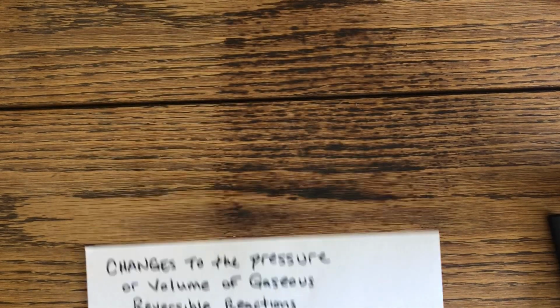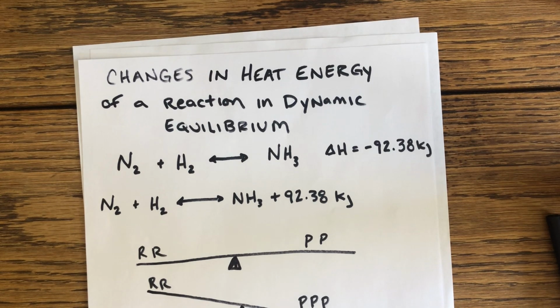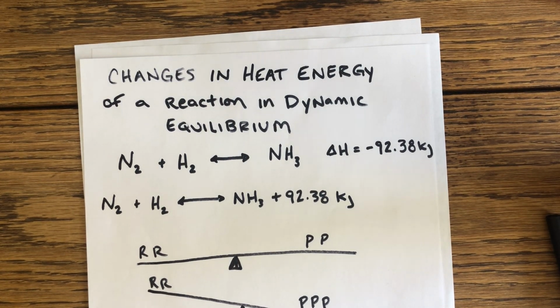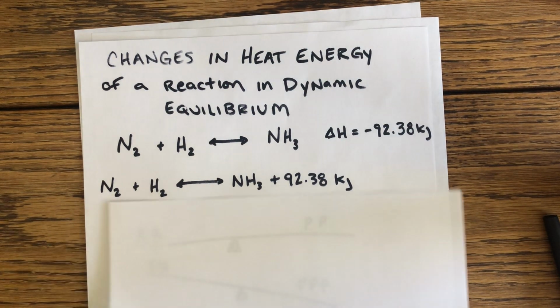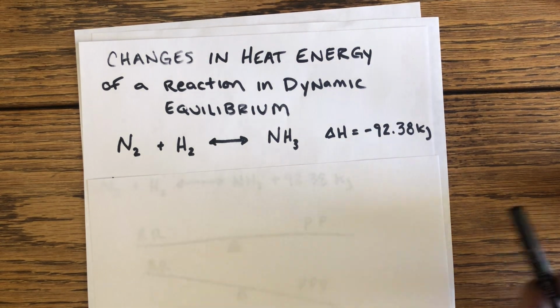All right, next stress we can talk about here is the changes in heat energy to a reaction in equilibrium. Okay, and so this is where our thermochemistry stuff kind of comes into play. And so we're going to use the same reaction because this is a thermochemical equation.